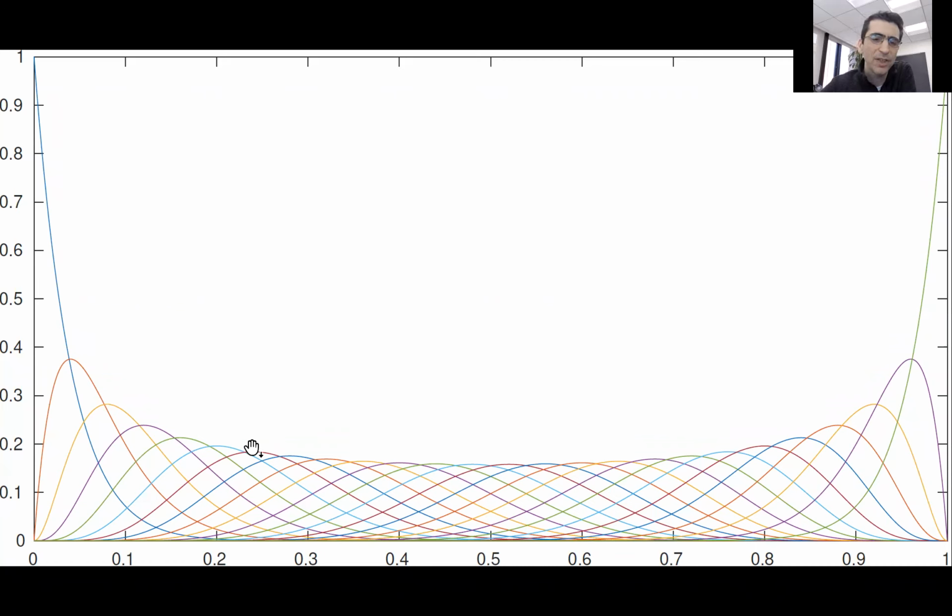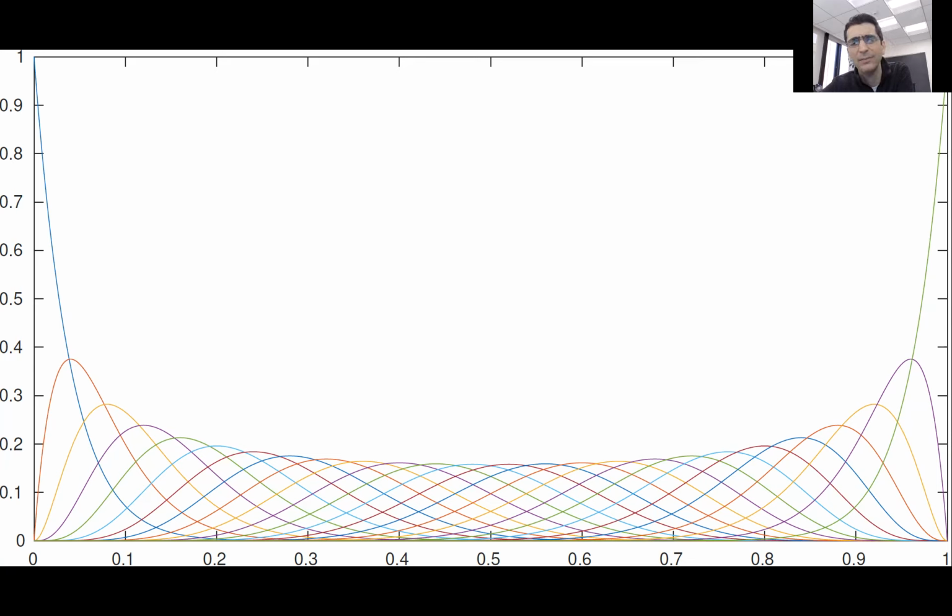It's a bump around k over n, but there's a huge amount of overlap. So it's quite different from, let's say, a spline basis, right? A spline basis is by design much more localized. You can readily see that there's a lot of overlap.